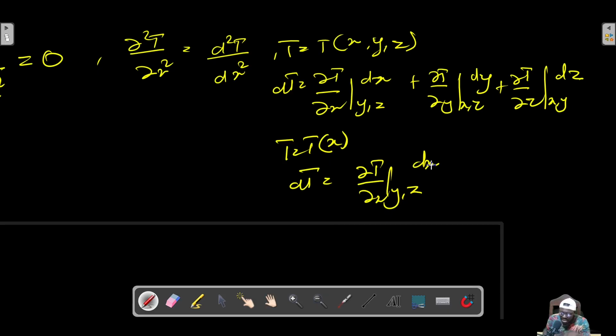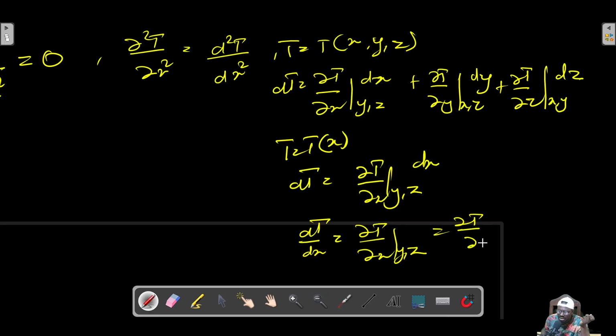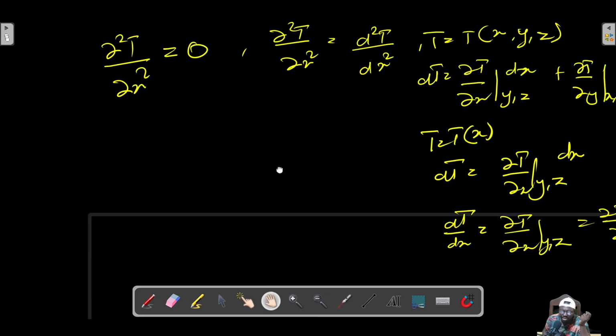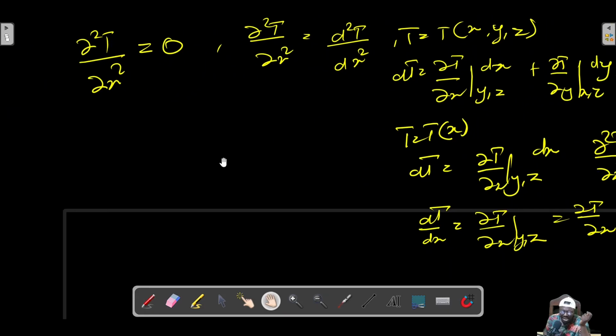Then I can divide both sides by dx to get dT divided by dx is equal to del T del x holding y and z constant. Then I can replace del T del x with dT dx. Then I can say that my del squared T del x squared is equal to d squared T dx squared, as simple as that. That's the reason why I'll be making that substitution.